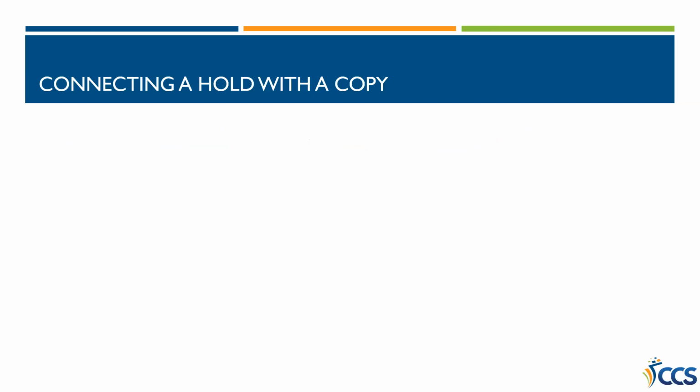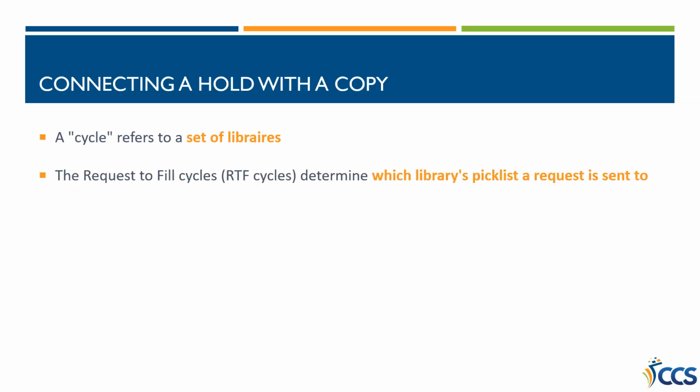So our first question here: what exactly is a request to fill cycle? When we're working with the RTF cycle, a cycle indicates a set of libraries. The request to fill cycle determines which library's pick list a request is going to show up on.